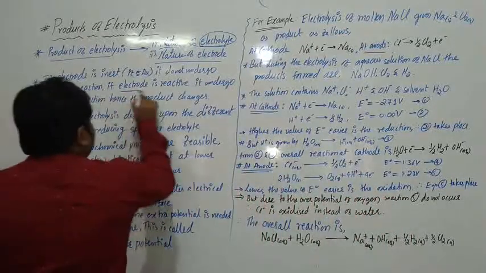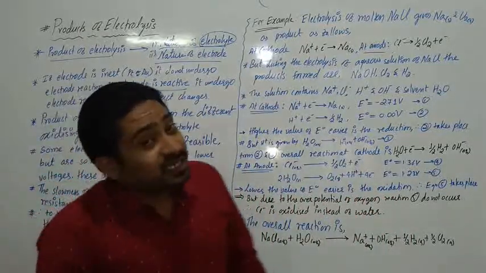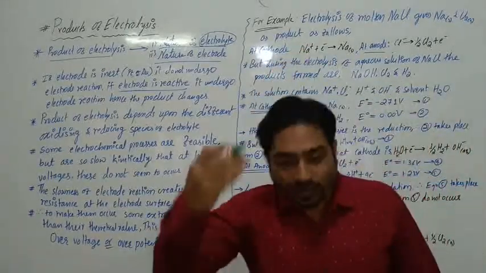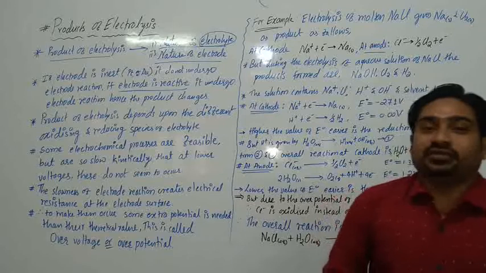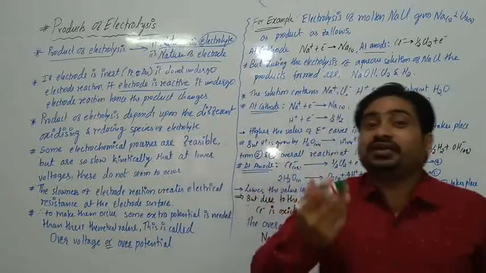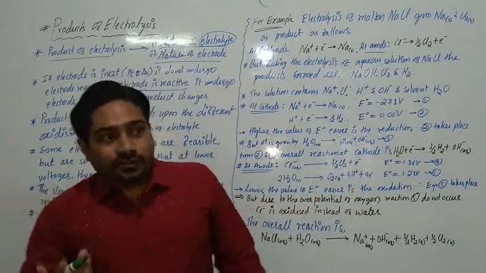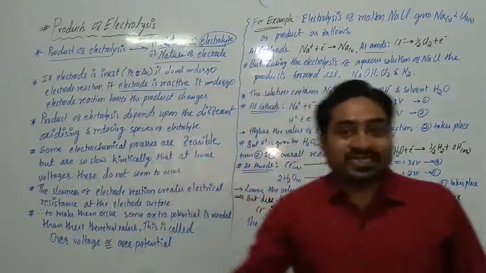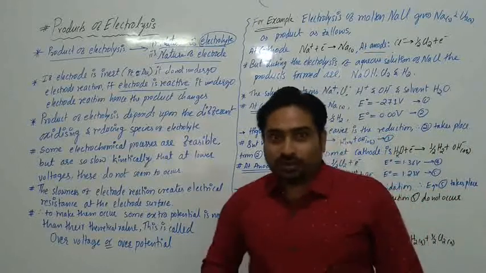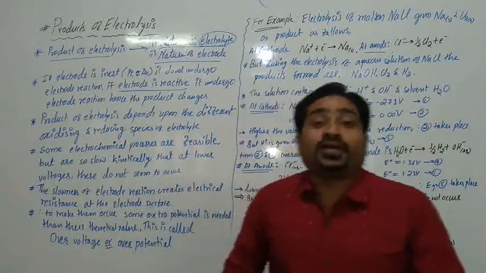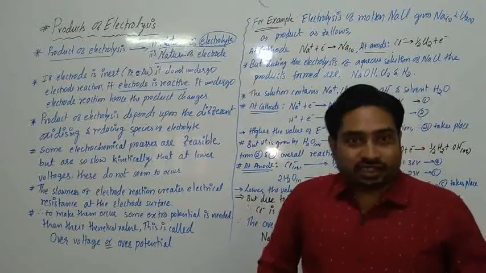If the electrode is reactive, what does reactive mean? The electrode is also a member of the chemical reaction. The example is your Daniel cell. In the Daniel cell, we use electrodes like zinc electrode and copper electrode. In that, the zinc electrode undergoes oxidation and the copper electrode undergoes reduction.